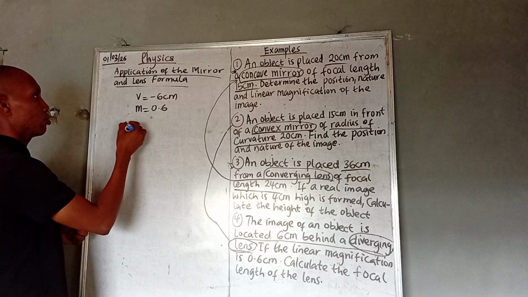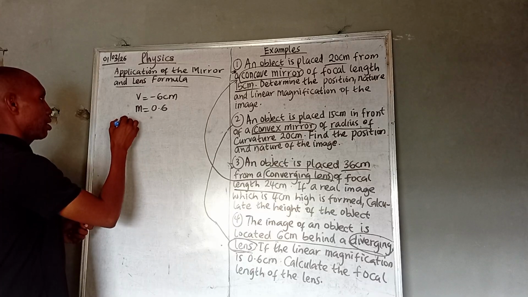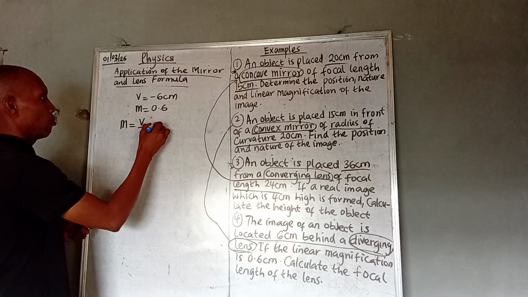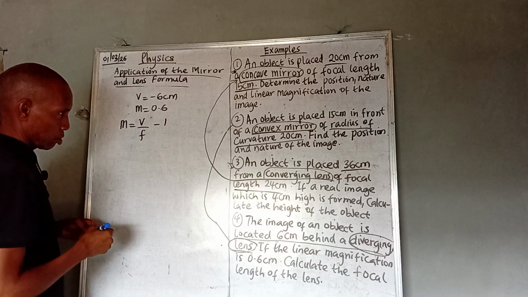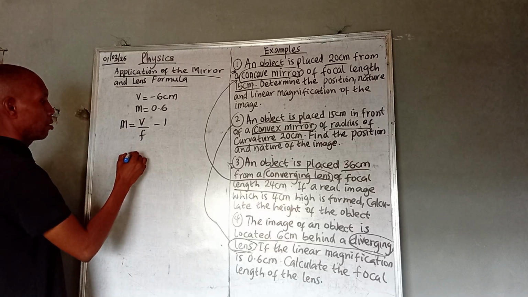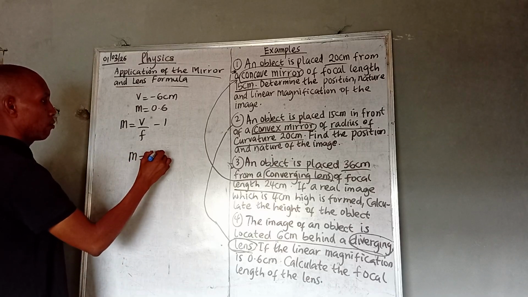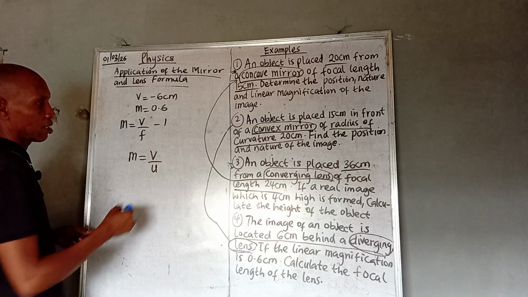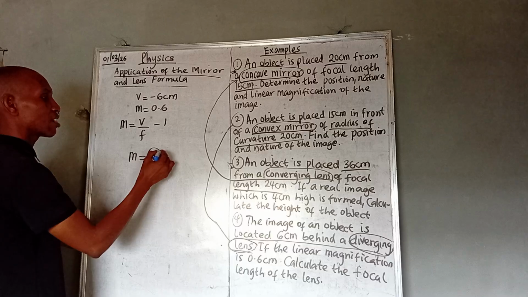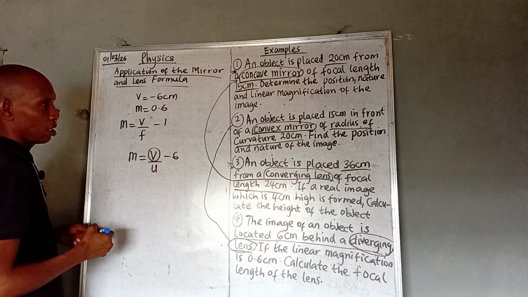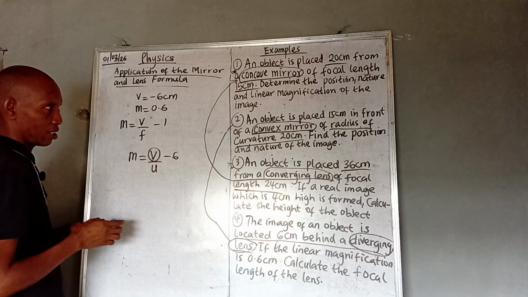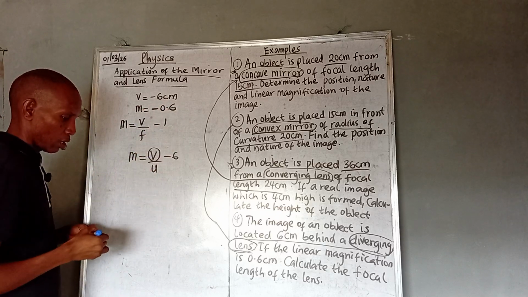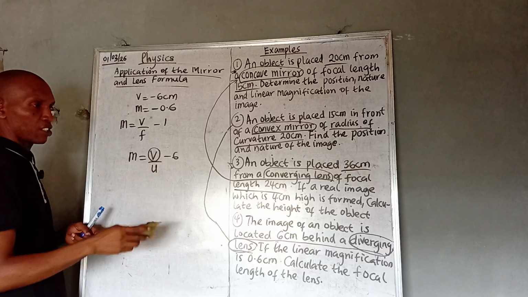Now we are going to use this formula. The easiest formula to use in this case is M is equal to V all over F minus 1. Don't forget that the magnification is also V all over U, that is image distance over object distance. Since the image distance is negative, the magnification is going to be negative, because the object distance is always positive.